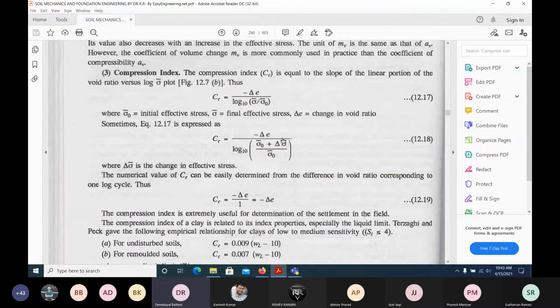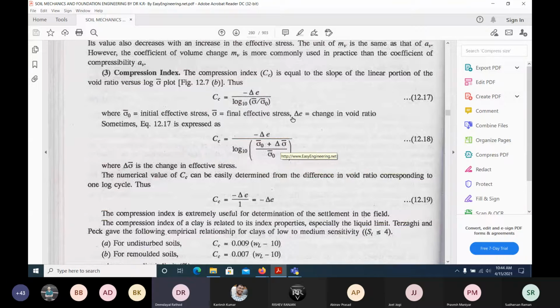How will you get the final one? When you add the change in the effective stress. Understand? So in log 10, sigma naught is the initial effective stress and this is the final effective stress, which you get by adding the change in effective stress. So we can write it in this way or in this way.